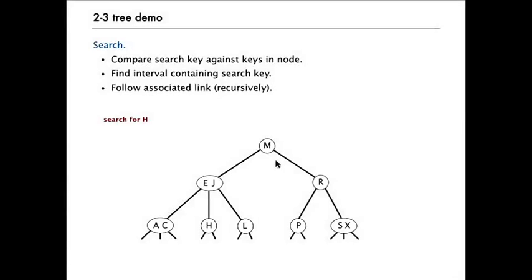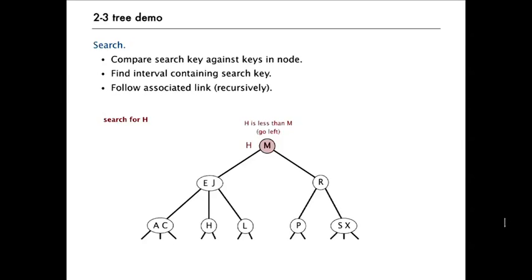So say we have this 2-3 tree here, and we want to search for whether or not H is one of the keys in the tree. So we start at the root, compare the search key against the key or keys in the node, and follow the link corresponding to the interval that we know must contain the search key by the definition of the tree. And then we recursively continue the search.